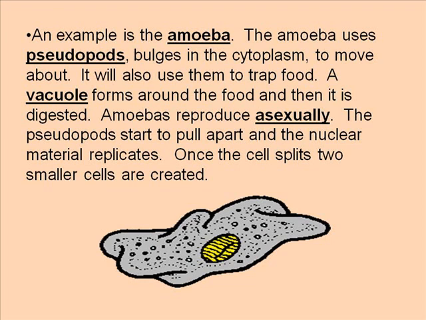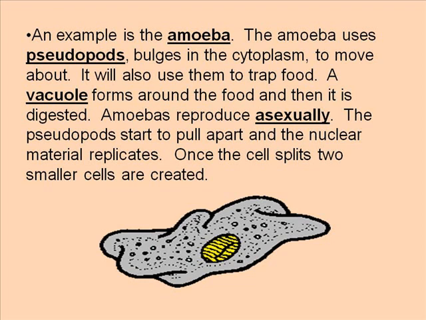An amoeba uses pseudopods, which are these little extensions out to the left and to the right. They're going to be bulges in the cytoplasm, and it's going to use those to move. It also uses them to trap food, which then will form a vacuole around the food and digest it.